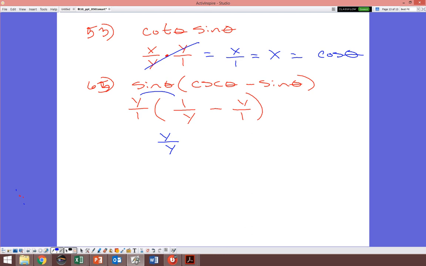Those cancel out. That's kind of like 5 divided by 5. It gives me 1. x divided by x is 1. Now, as I distribute this way, minus y times y is over 1 times 1. The y is cancelled. 1 minus y squared.